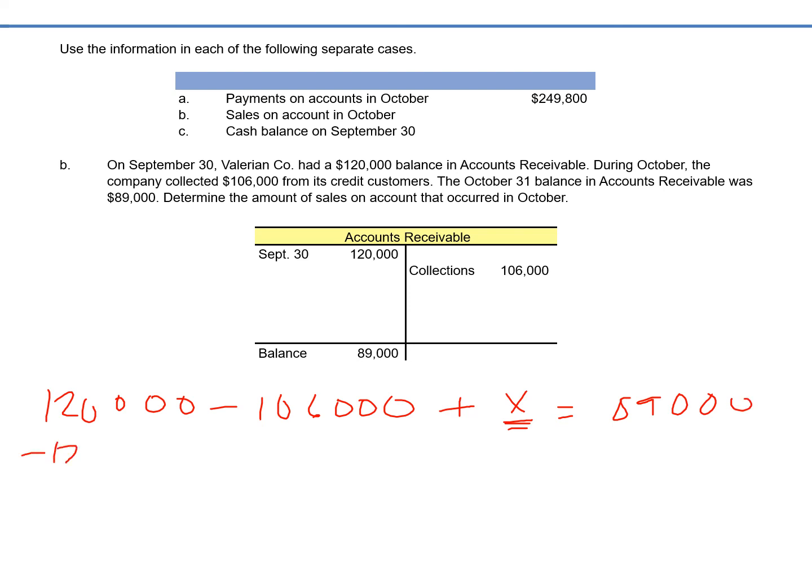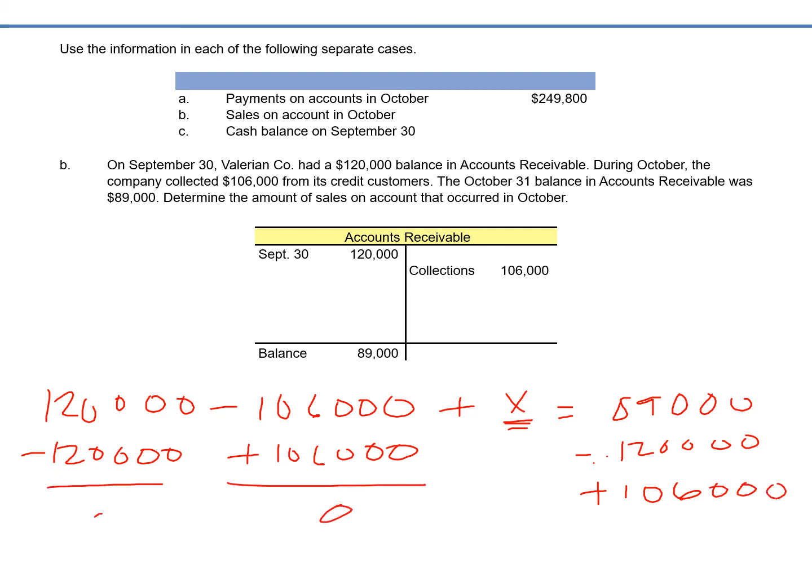Okay, so if we subtract 120,000 from each side, and we add 106,000 to each side, then what we're left with is X equals 89,000 minus 120,000 plus 106,000, equals $75,000.